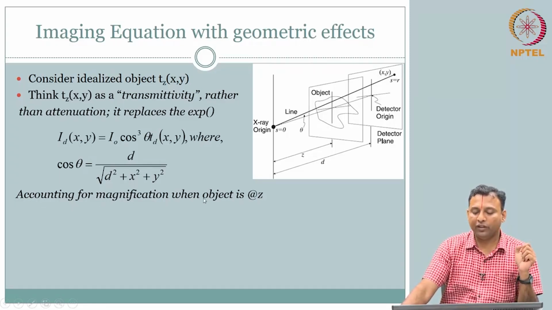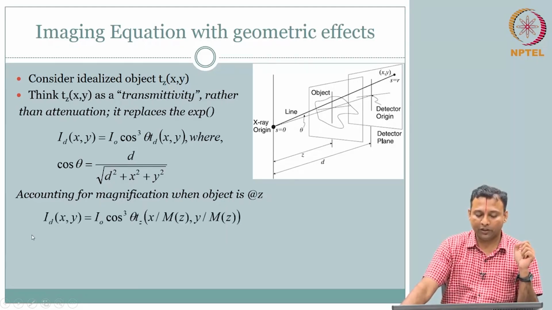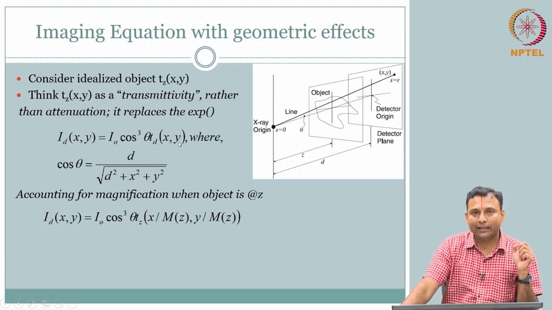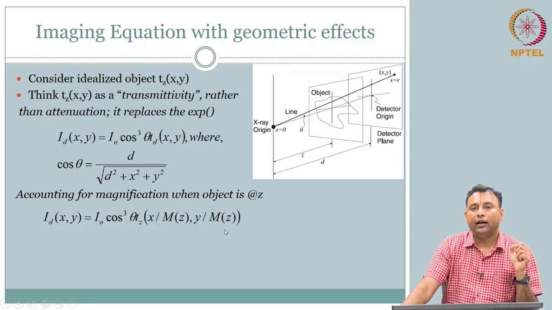So to account for magnification when the object is at z, we can upgrade the equation to Id of x comma y equals I naught cos cubed theta, and instead of Td of x comma y, we write Tz.